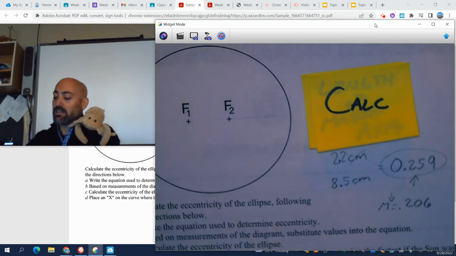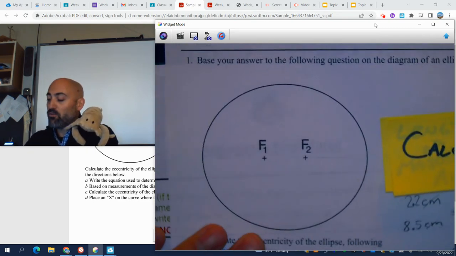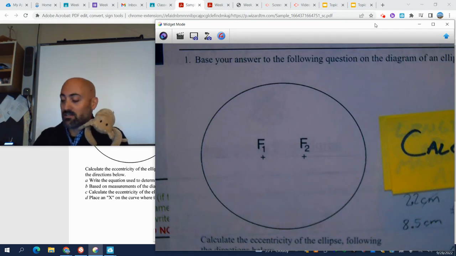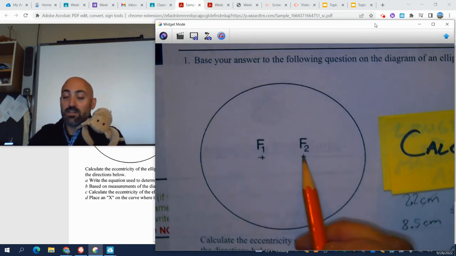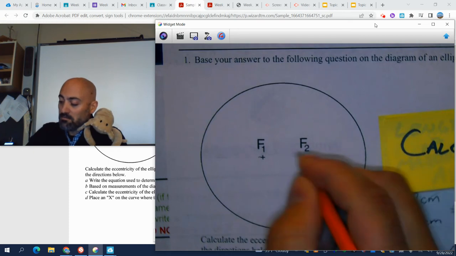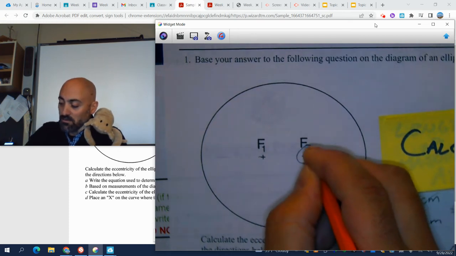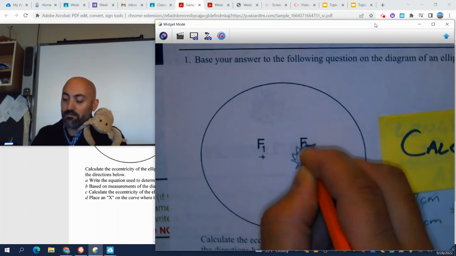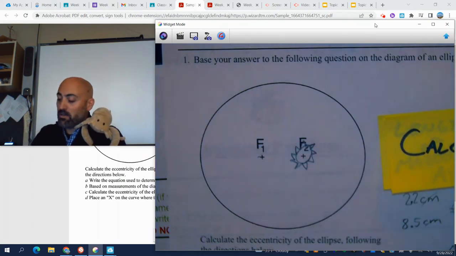Make sense? The last skill you have to do: if you were to locate where this planet is going the fastest, where this asteroid is going the fastest, you'd have to know where the sun was. The sun could be at either one. Let's say the sun is at this one right here, the star of the orbit. Where would the planet be going the fastest?